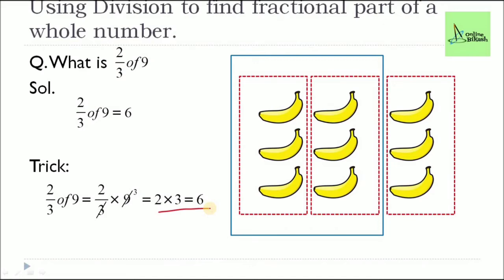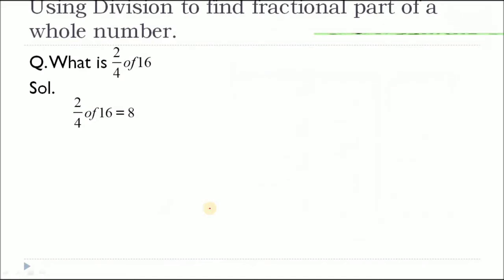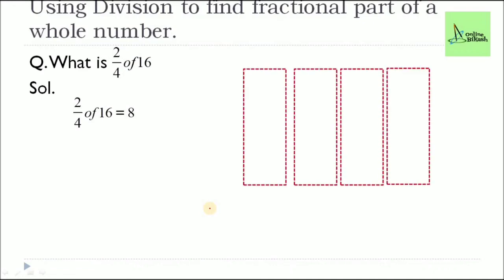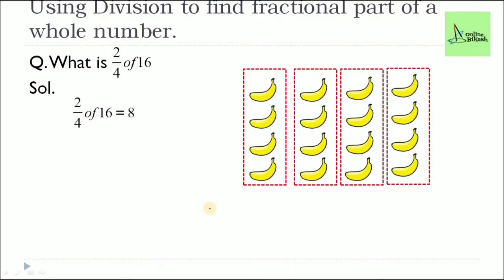Is it clear? Let us take another example. This time we have 16 bananas. Sorry, where are the bananas? Oh, I forgot. Yes, these are the bananas. Now can you count them? 1, 2, 3, 4, 5, 6, 7, 8, 9, 10, 11, 12, 13, 14, 15, 16. 16 bananas I have.